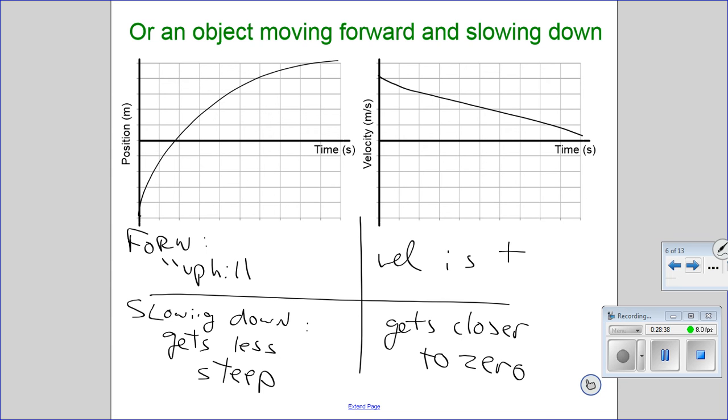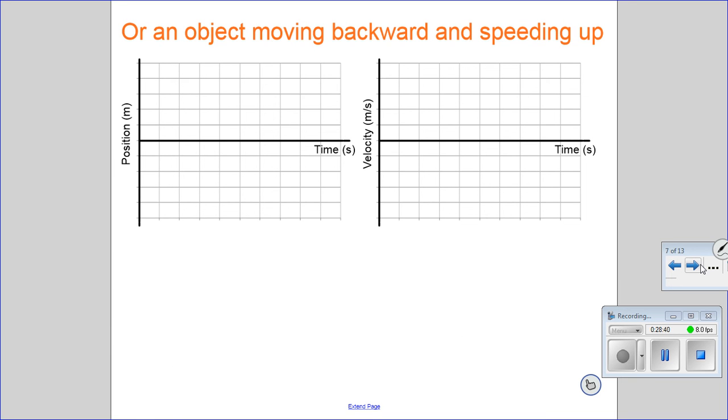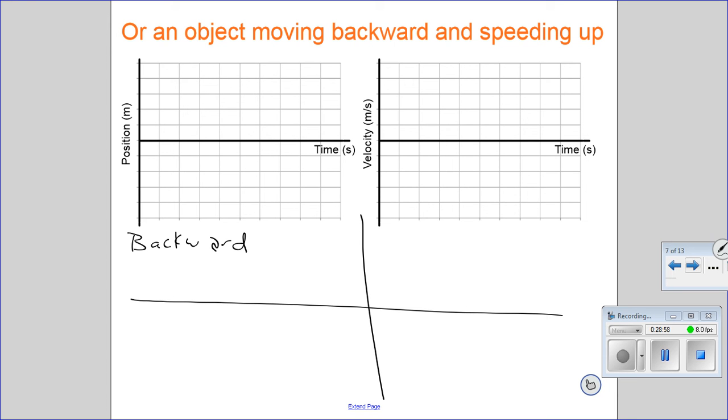Okay, next. So we've looked at moving forward. Now we've got to look at moving backward. So now we've got an object moving backwards, but speeding up. Okay? So, if you're moving backward, what's the position time graph got to look like?